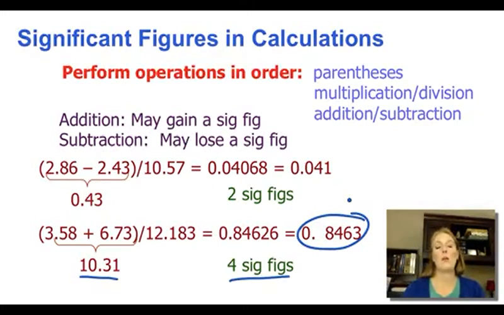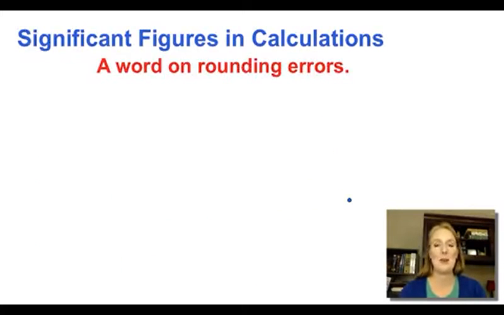Now, it looks like when I'm doing these operations that I might actually be rounding during an intermediate operation step, and you need to be really careful about that. So I'm going to give you a quick word about rounding errors. One of the things that can happen if you have a calculation where, let's say, you have 5 or 6 different operations that you need to do, is that if you round an intermediate calculation, you can end up with lots of errors.